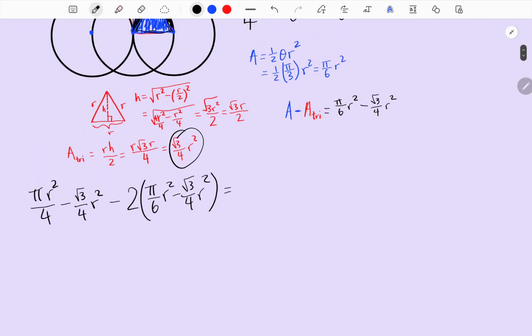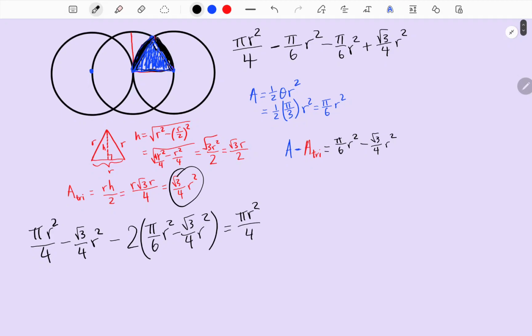So this is going to equal pi r squared divided by 4, subtract root 3 over 4 r squared, subtract, well, this is going to be 2 times pi over 6 r squared, and then plus 2 root 3 over 4 r squared.